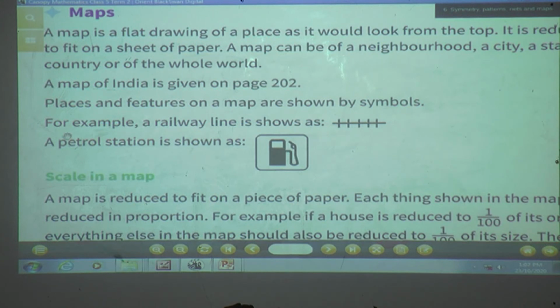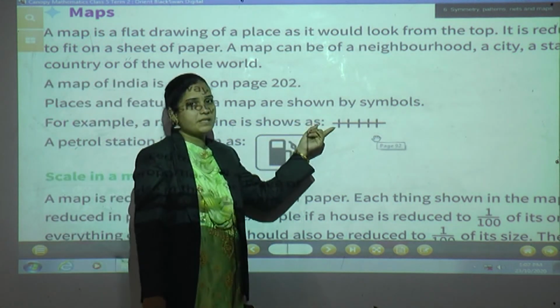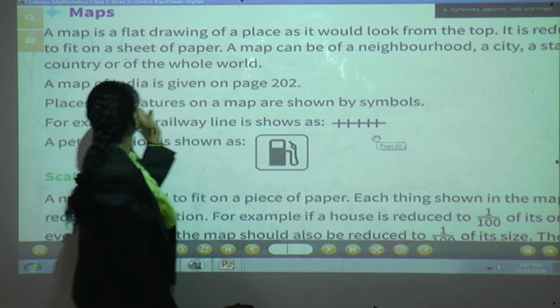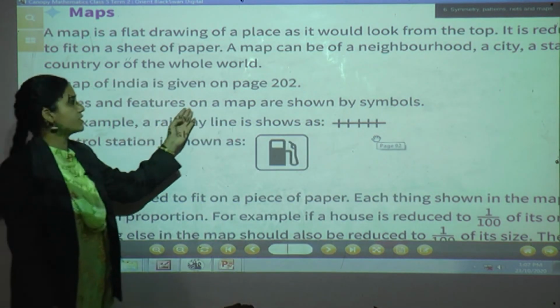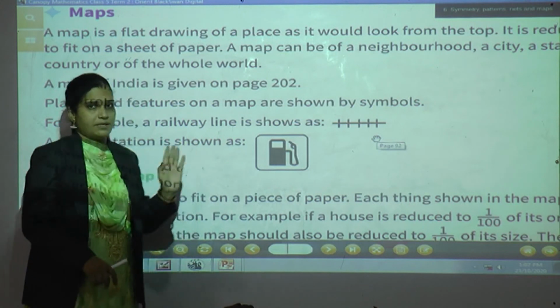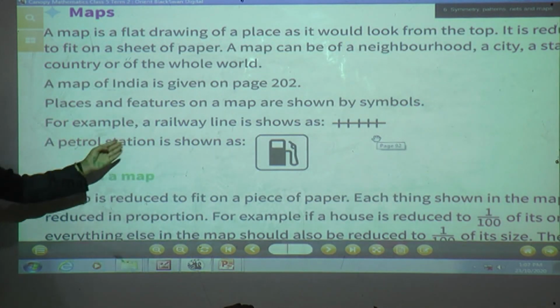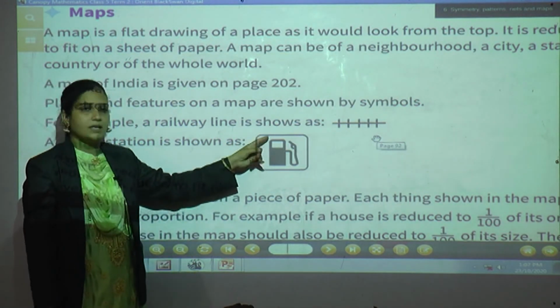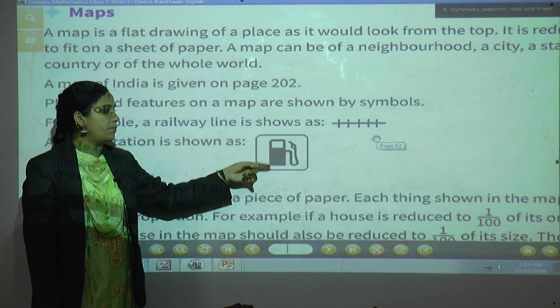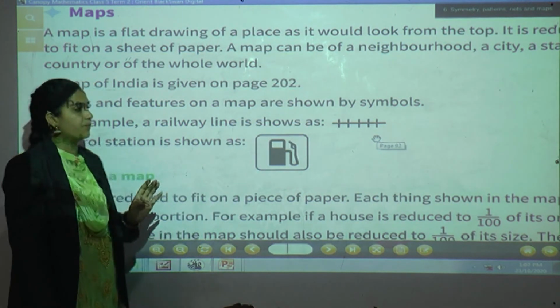For example, a railway line is shown as this symbol. So places and features on a map are shown by symbols. A petrol station is shown like this. This symbol shows us that a petrol pump is there.